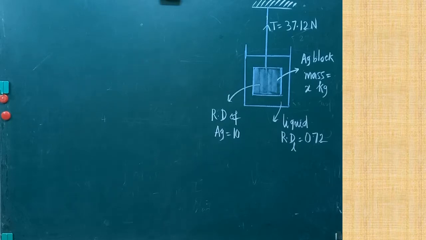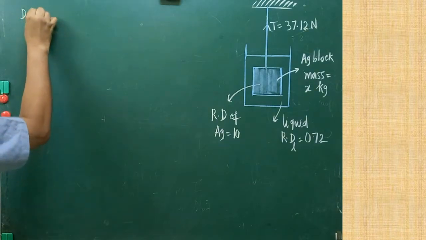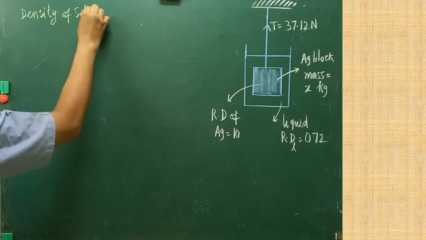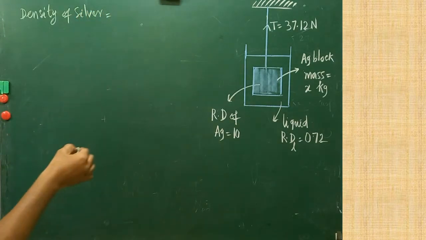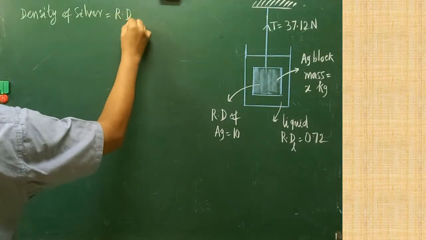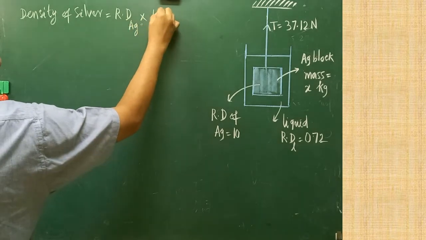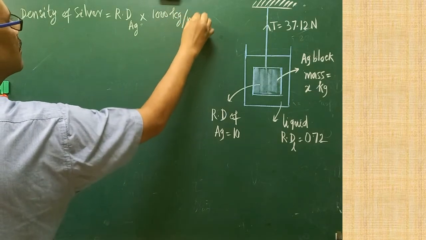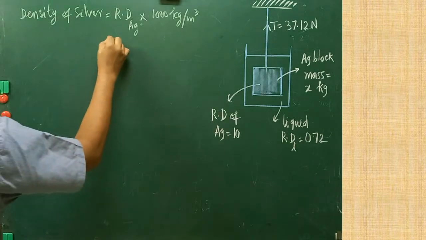First you have to calculate the density of silver and the density of the liquid. Density of silver, how can it be calculated? Very simple formula. The RD, relative density of silver, is to be multiplied by the density of water. Are you clear? So 1000 kg per meter cube is the density of water.